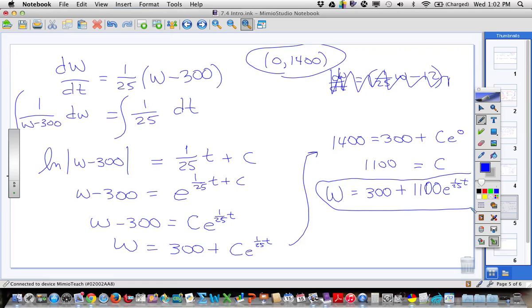Now, I think in your packet that's all they asked for. But get your calculators out, a few of you anyway, and let's take that one step further. Because it is a no calculator one, so this would be hard to do. But now let's compare it to Part A. Part A, we approximated how many tons were in the landfill at 1/4, in 3 months. Plug a 1/4 into that.